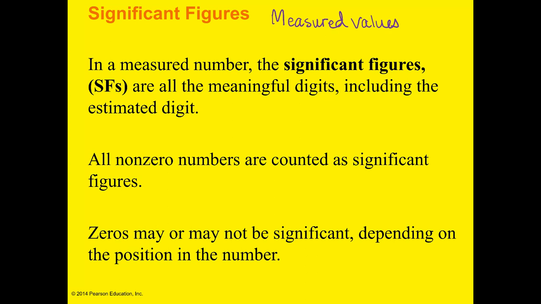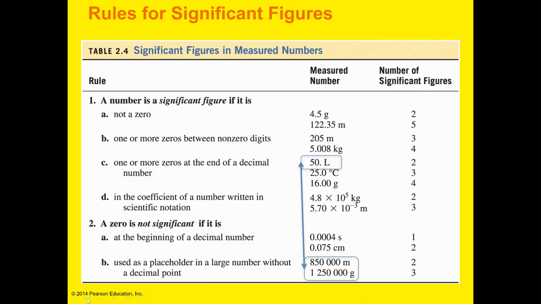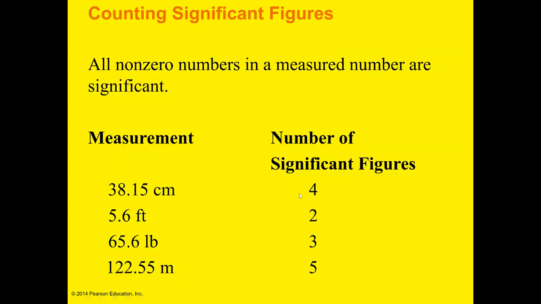So in the last examples, we talked about how we read the measuring devices. All those numbers we read off the device were significant figures. So let's see how we can determine how many sig figs something has. I skipped this slide in lecture because I want to get to here. Let's say these were actual measurements recorded.